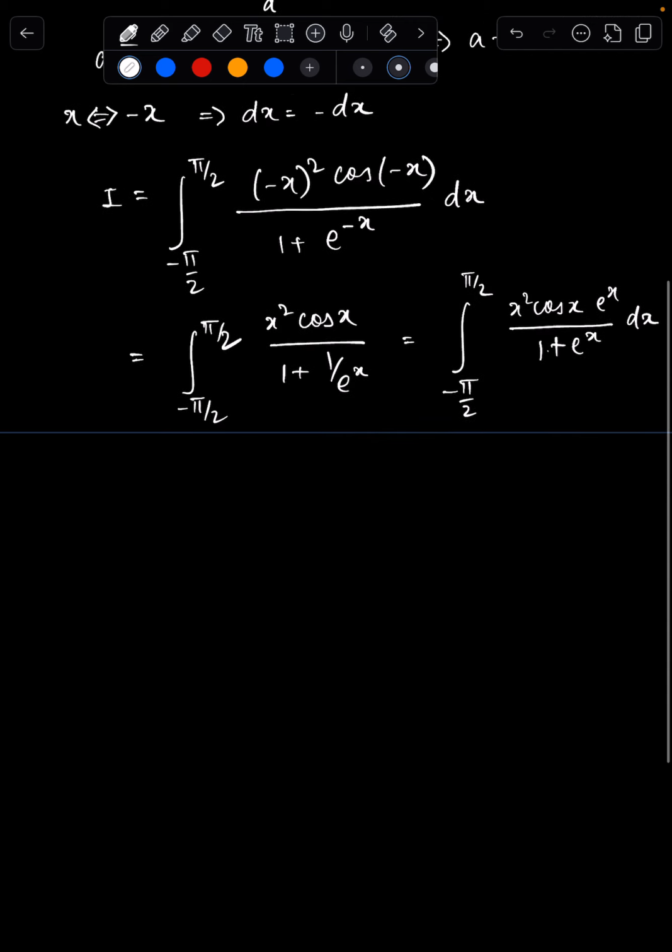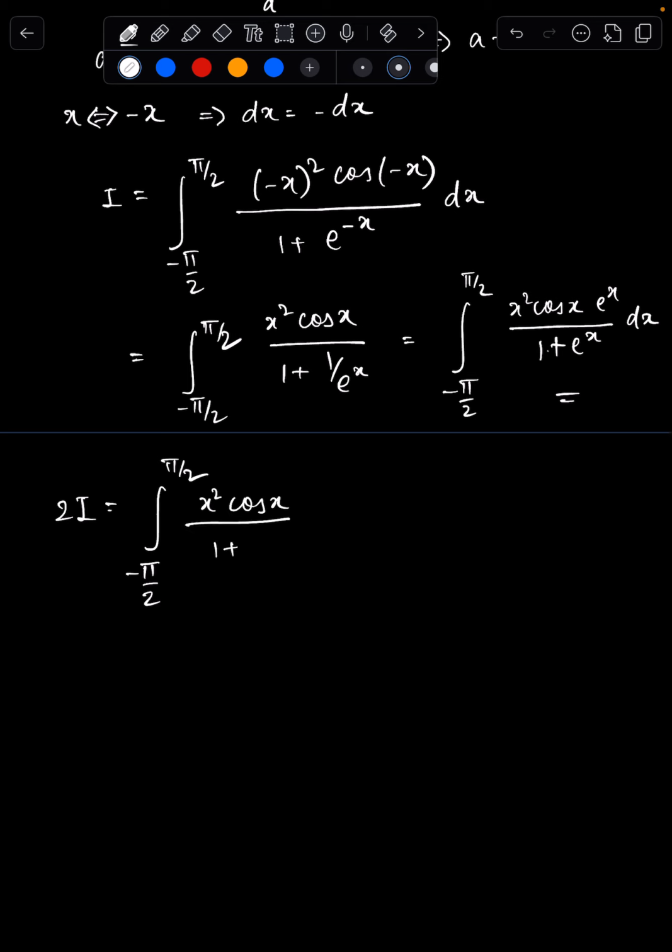Correct, right? Now we are going to add the original integral which was given to us and the newly found integral. So we have 2I is equal to integral over minus pi by 2 to pi by 2 of x square cos x by 1 plus e power x dx plus integral from minus pi by 2 to pi by 2 of e power x x square cos x by 1 plus e power x dx.